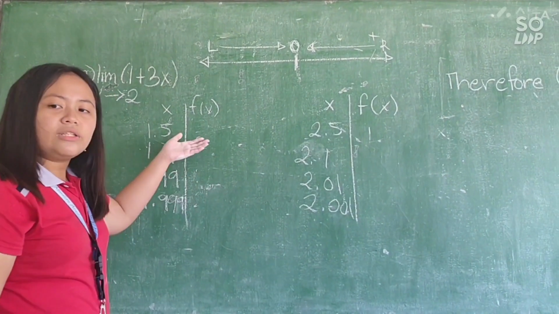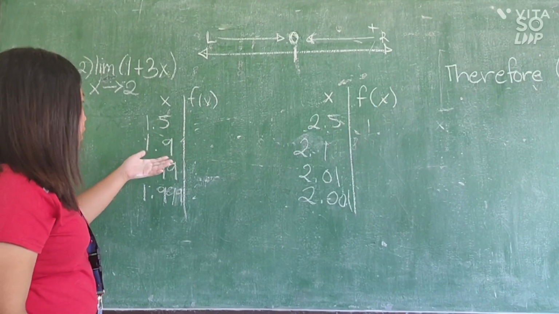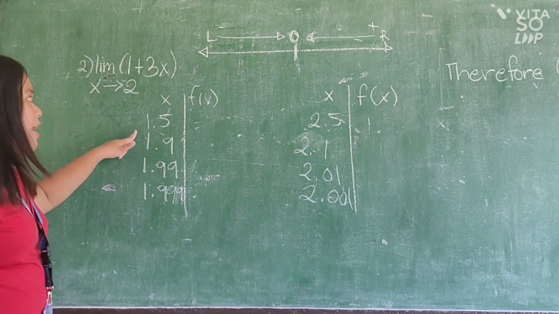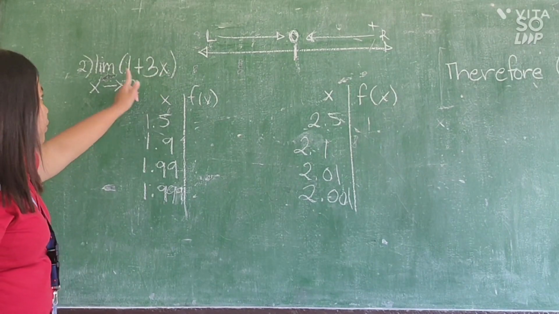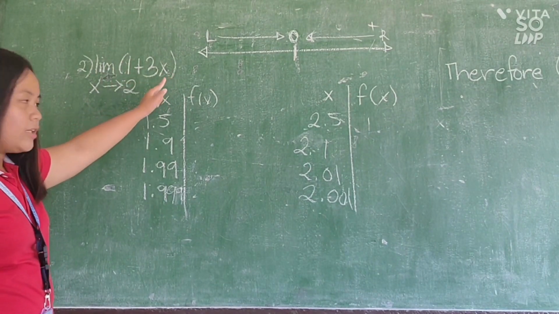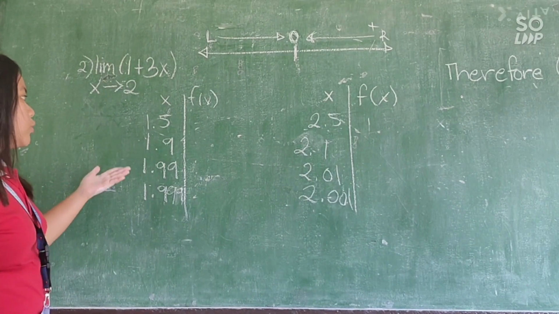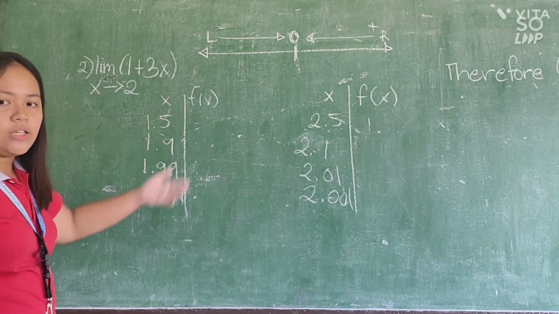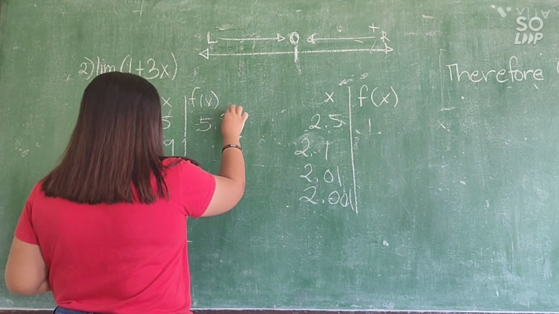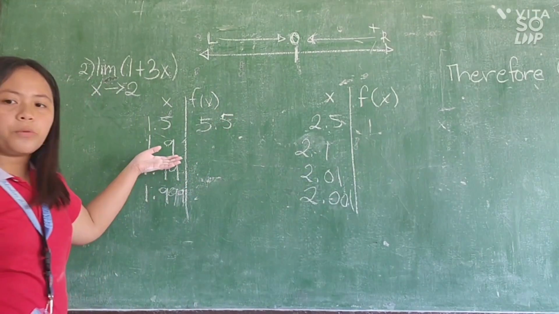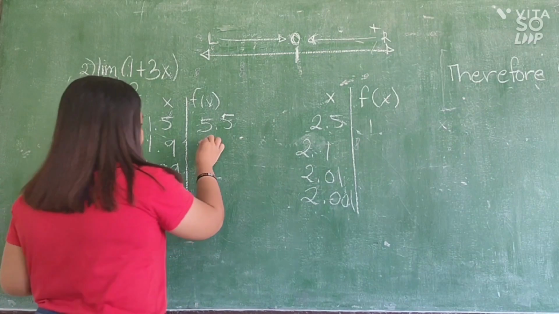And sa tagpuan naman natin ng f of x, we are going to distribute our x sa ating given, which is 1 plus 3x as x approaches to 2. So, ang sagot dito is 5.5. And sa 1.9 naman is 6.7.